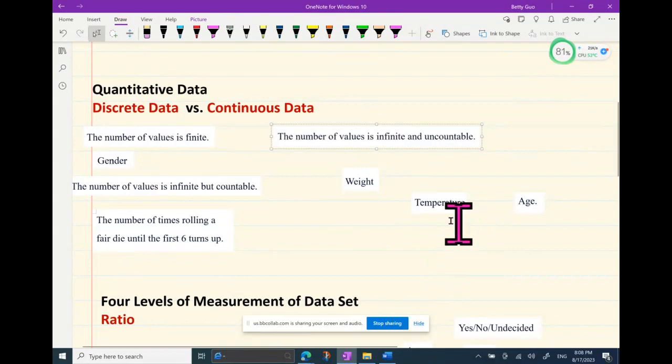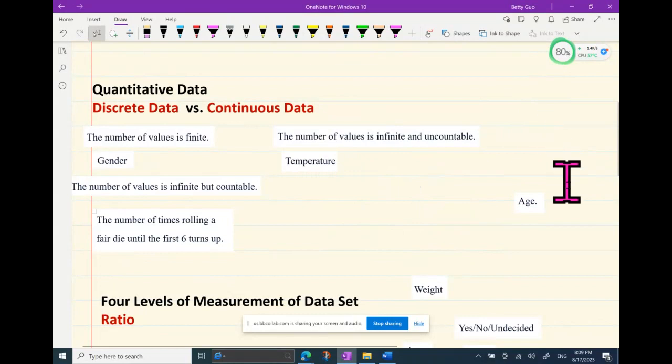Imagine temperature. You are measuring the temperature of today. You have a lowest temperature and a highest temperature, which gives you an interval, from 65 Fahrenheit to 90 Fahrenheit.